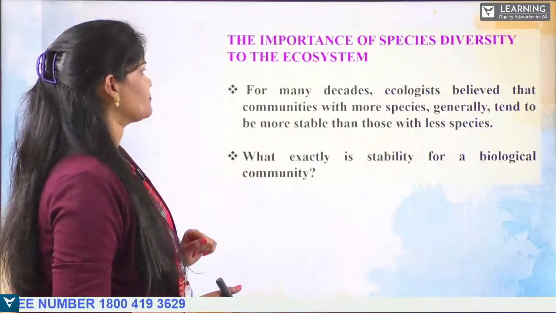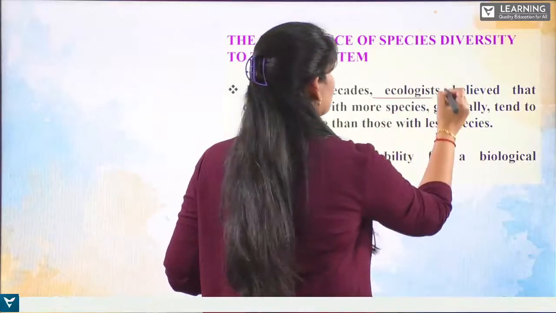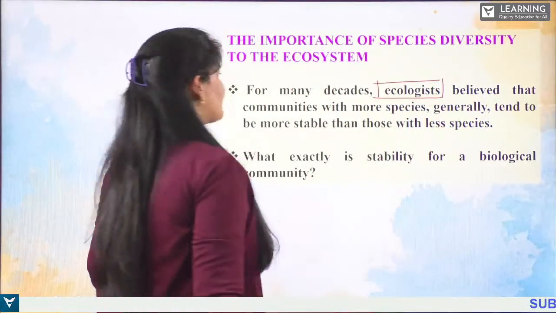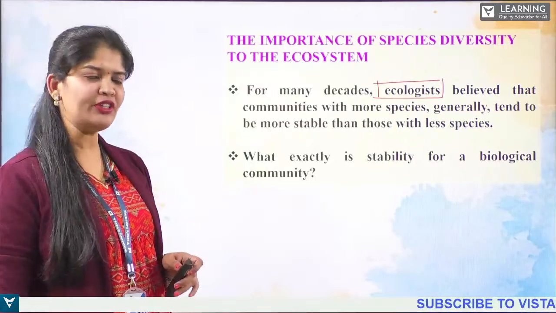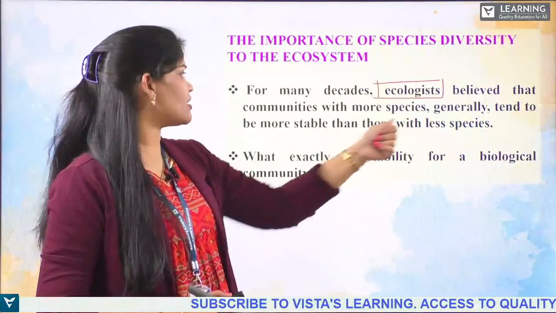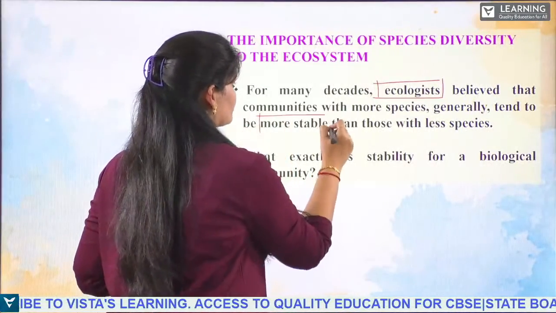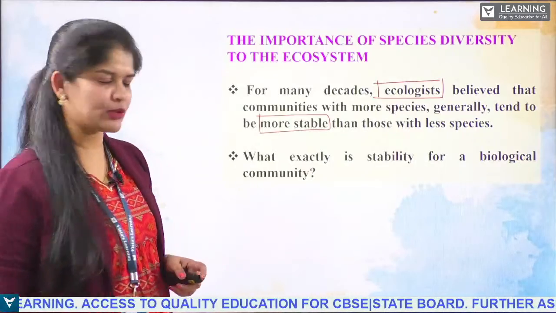Why? Because for many decades, ecologists believed that communities with more species, that means more species diversity, generally tend to be more stable than those with fewer species.